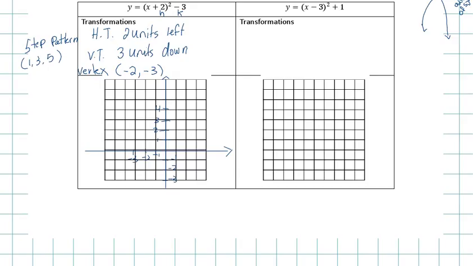First thing you have to locate is the vertex. So the vertex is at negative 2, negative 3. Remember guys, x, y.